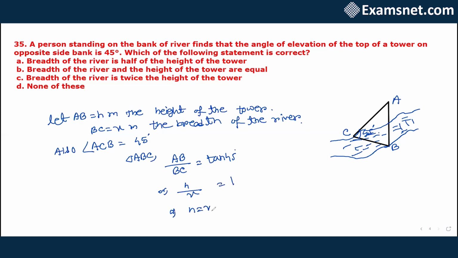So h equals x. That means the breadth of the river equals the height of the tower. Correct? So here option B is the correct statement: breadth of the river and the height of the tower are equal.